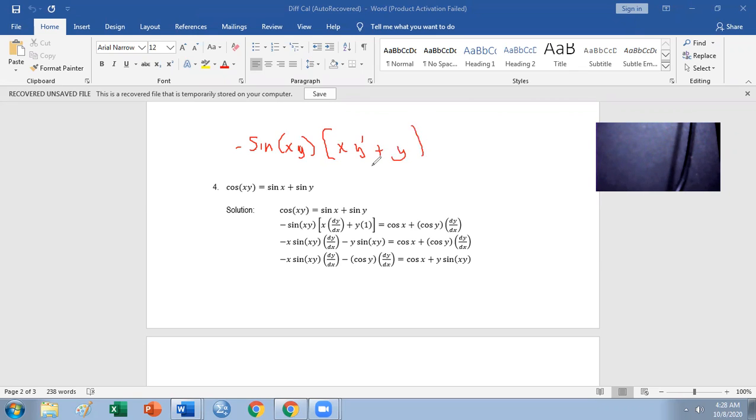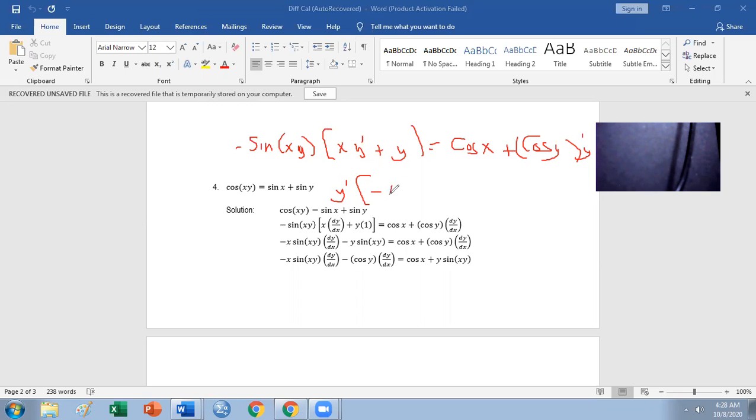So x times the derivative of y, which is y prime, plus y times the derivative of x, is equal to the derivative of sine x, which is cosine x, and the derivative of sine y is cosine y times y prime. Collect all the y primes. I will begin with what?